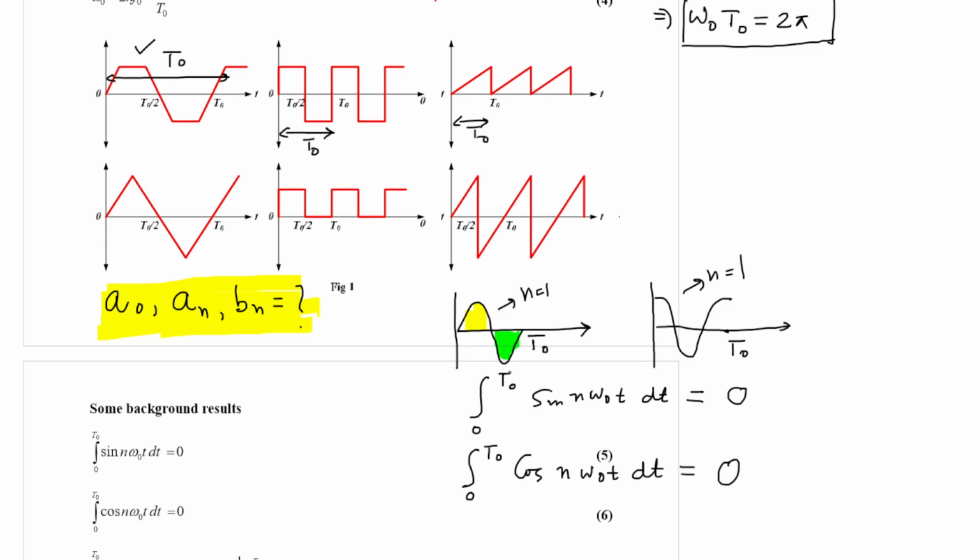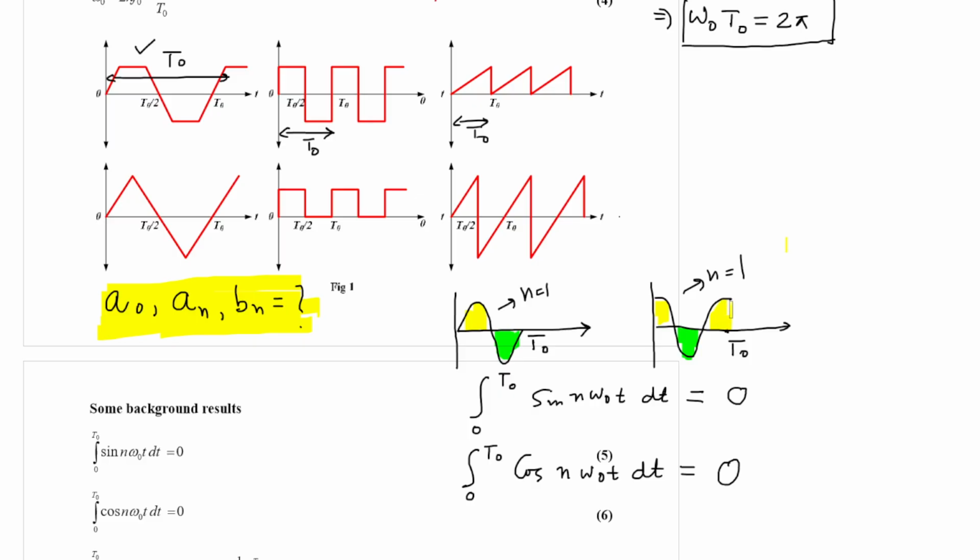So the summation of the sine curve over a complete cycle will be 0, and this is true for cosine as well. The same argument applies for cosine: the net positive area is equal and opposite to the net negative area.